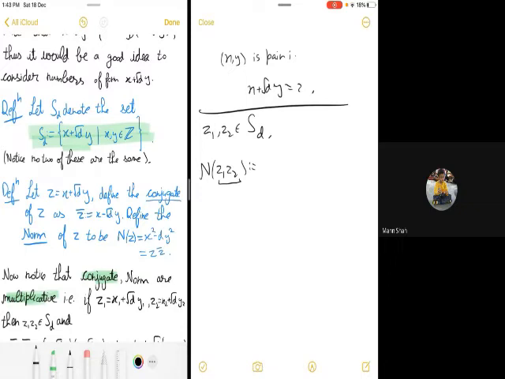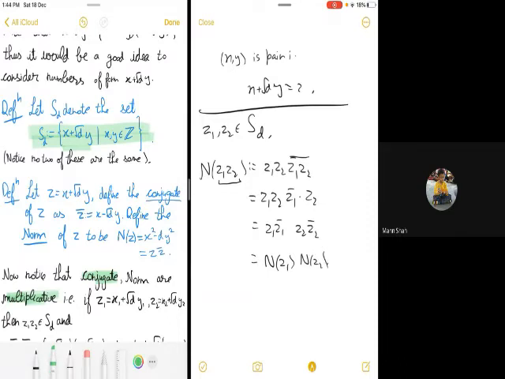Then the norm of z1 z2 is z1 z2 times z1 bar z2 bar, which, because conjugation is multiplicative, is this thing, which is N(z1) times N(z2).